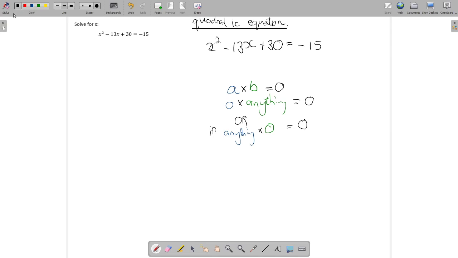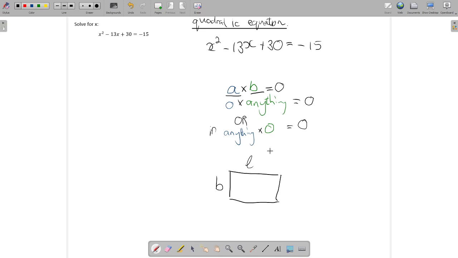We can also keep in mind from what we know previously, if you have a times b, that's the same as saying length times breadth for a rectangle.